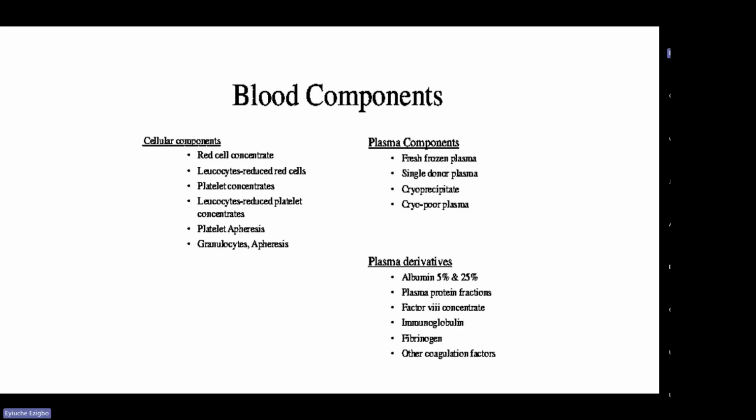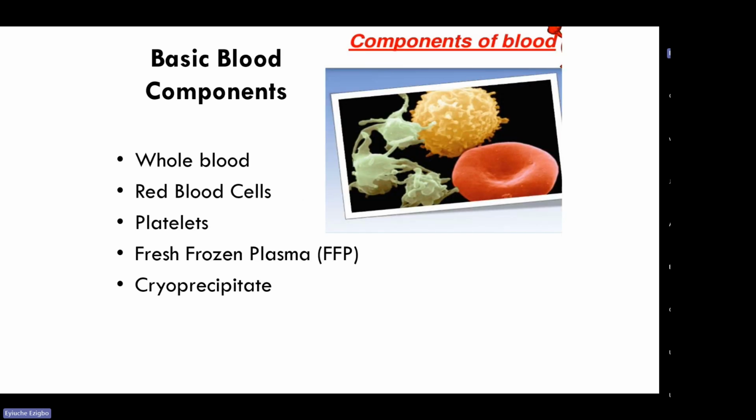Plasma derivatives include albumin, plasma protein fraction, factor 8 concentrate, immunoglobulin, fibrinogen, and other coagulation factors. If you have the specific instruments and equipment, these can be separated from the whole blood. But the basic blood components are the whole blood, the red blood cells, the platelets, fresh frozen plasma, and cryoprecipitate, and we will discuss these basic ones.